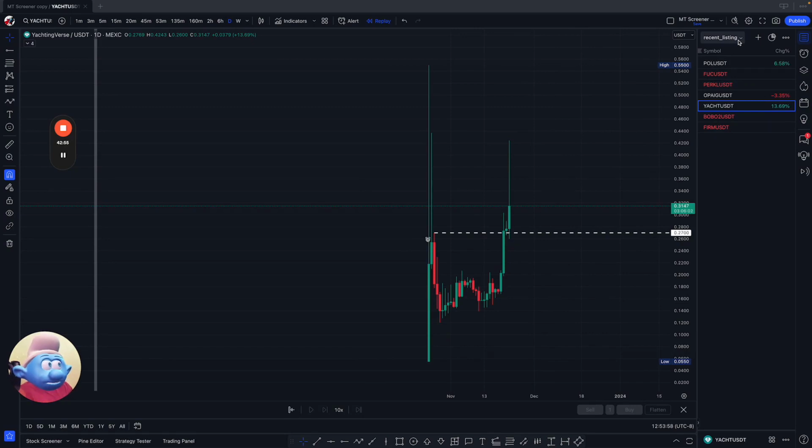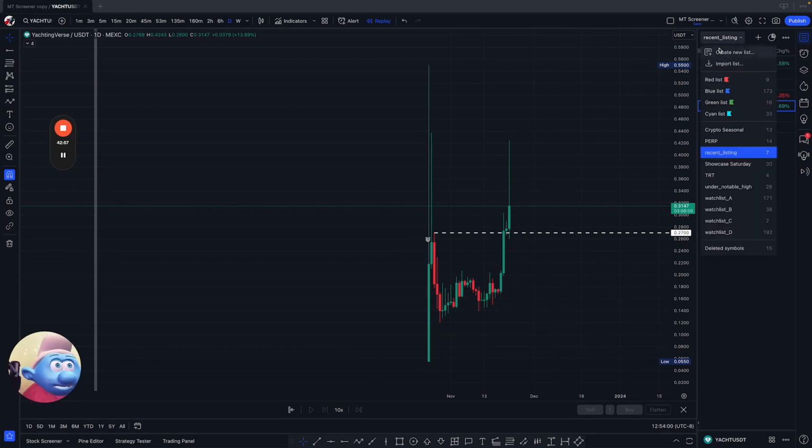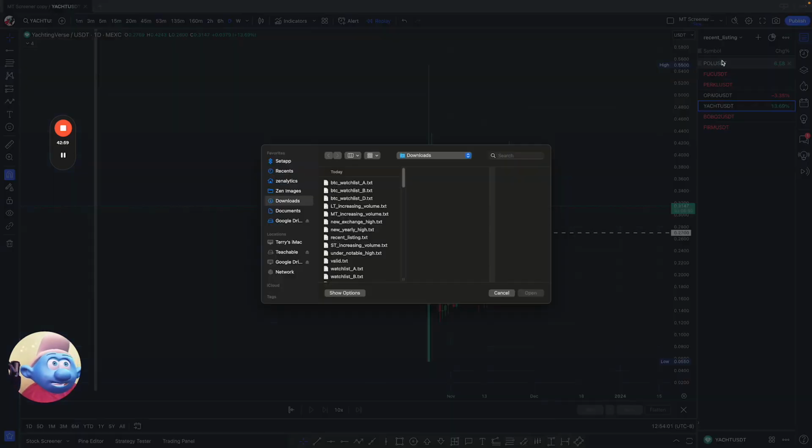Okay, next watch list is the increasing volume. These are sort of tricky. There are three lists: short term, medium term, long term. Basically, I didn't want to get too heavy into volume until later on. But basically it's looking at assets that have increasing volume over the last 30 days.